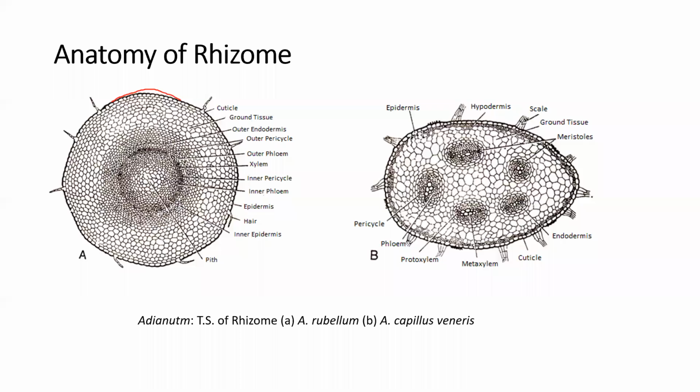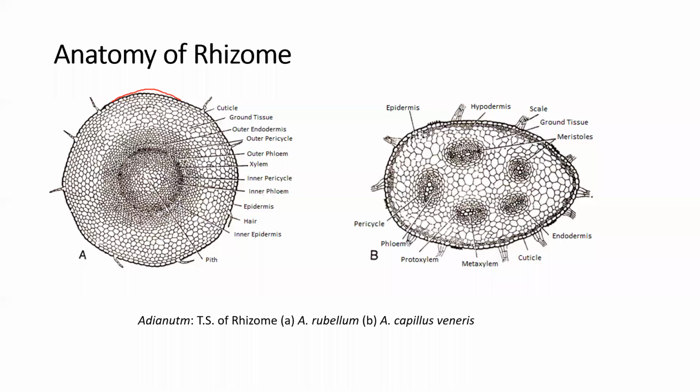In the figures on your screen, you can see there are two types of stelar organizations in the rhizomes of two different species. The first figure, A, is the TS of the rhizome of Adiantum rubellum, while the second figure, B, is of the other species, Adiantum capillus veneris.